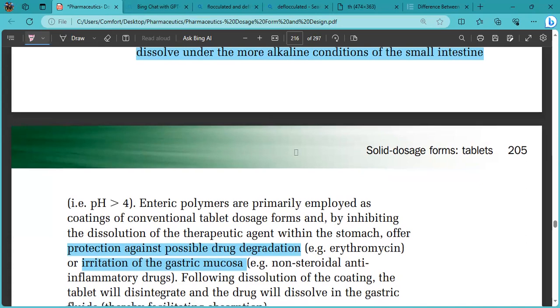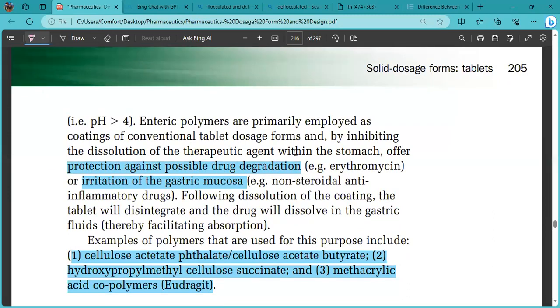that you want. There are a few reasons why you would give enteric coated tablets. Number one, you want to protect against drug degradation in the stomach, because there's fast metabolism as a result of the stomach acid. An example of a drug we want to protect against degradation is erythromycin.